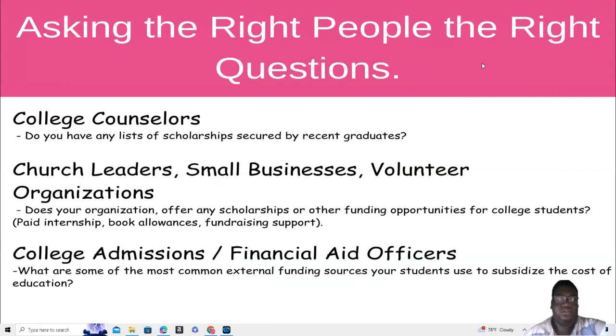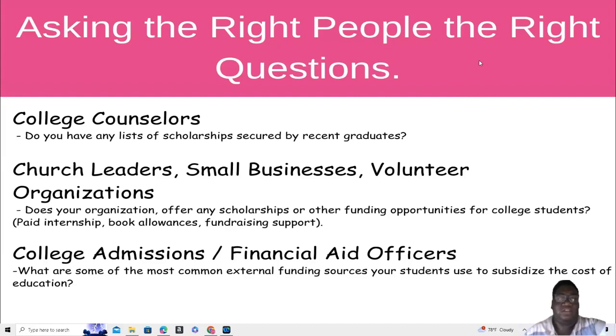For church leaders, small businesses, or volunteer organizations, you can ask your organization of any scholarships or other funding opportunities for college students. This is to know whether this organization has either paid internships, book allowances, or fundraising that may be able to support you.